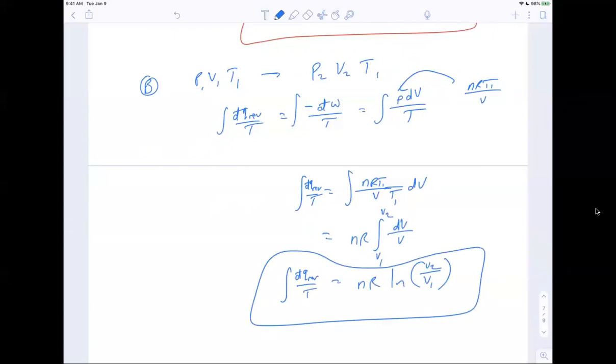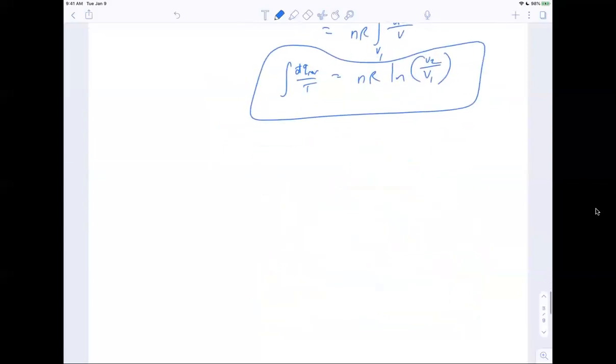So we have this beast, dq reversible over T, integrated for each one of these steps, A, B, and C in this process. I've run out of time. So what I would like you to do before next class is find this out. I'm not going to tell you what it means, but as part of your review for the midterm, I want you to find this.